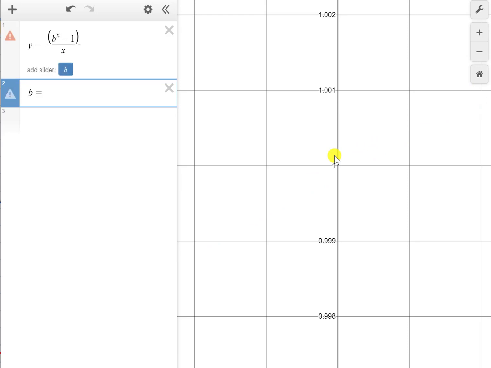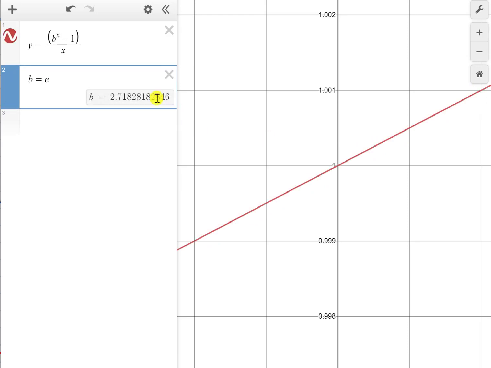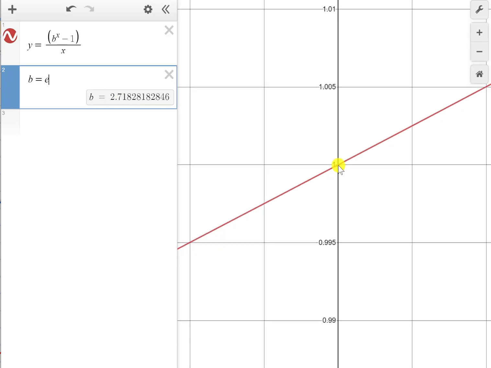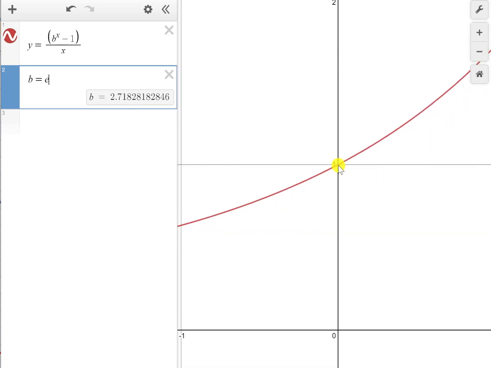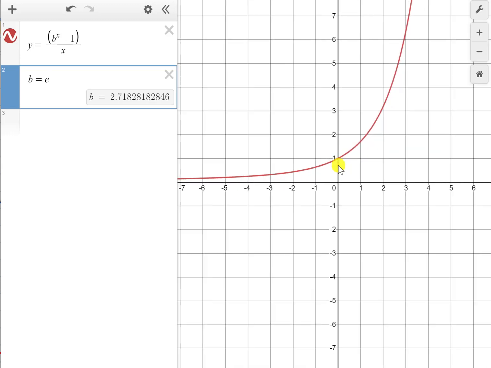If I change this and make it e, because Desmos knows a lot of the decimal digits of e, it seems to go perfectly through 1. And it turns out, if I zoom it out, this decimal digit thing goes on forever, but this value of b will make that limit be 1.